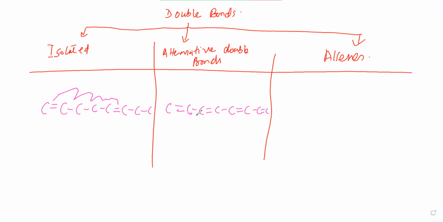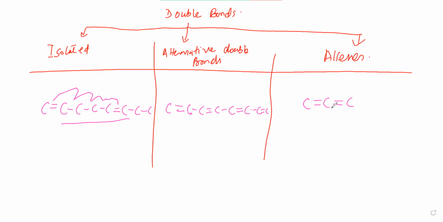Okay, alternative double bonds. You can see CC double bond, then single, then double, then single, then double, then single, then double. You can see here the double bond is present in alternate position. Is it clear now? Yes. Double, single, double, single, and so on. That's called alternative double bonds. This is called isolated double bond. Allenes means what? Suppose you have a CC double bond, then a CC double bond again.